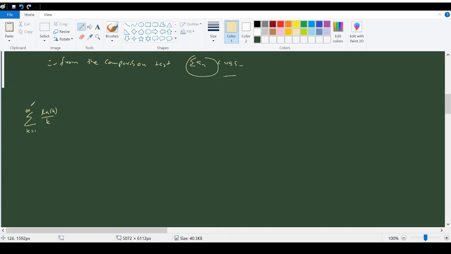Now let's consider this series. We also discussed the same series under the integral test, but we can also use the comparison test to determine the convergence of this series. Now when I say determining the convergence, it can be either a converging series or a divergent series.